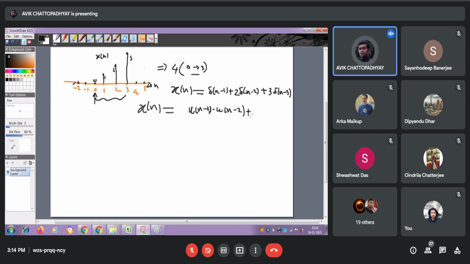So this will cancel each other, no? Sir, I'm trying to represent each delta function by using that impulse. You are trying to represent each delta function by unit step function. Okay, understood. Then you just tell me the final expression. Getting the point? Just the final expression.